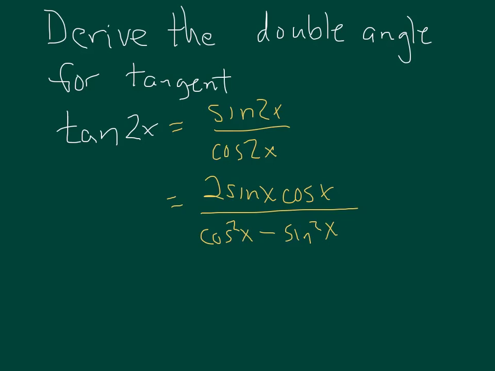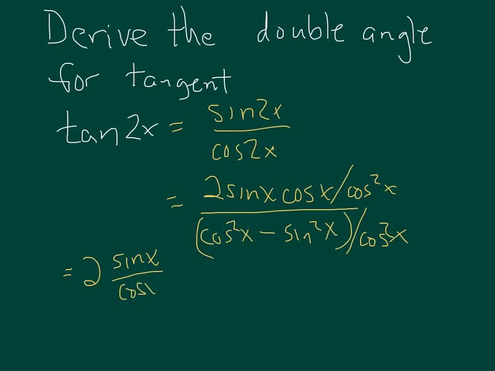And now if I divide the top and the bottom by cosine squared x, I end up with 2 sine x over cosine x over 1 minus sine squared x over cosine squared x.